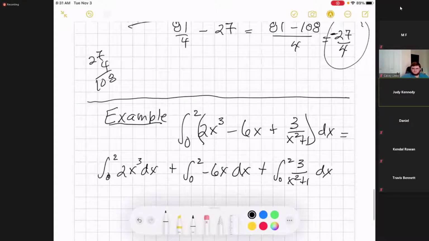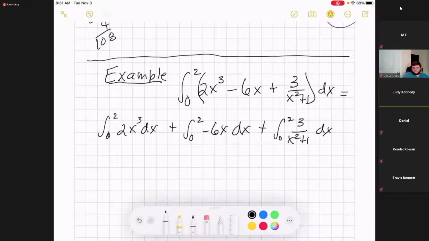And now let's pull out the constants, the multiplied constants. I'm allowed to do that. I use property 2 to go from there to here.